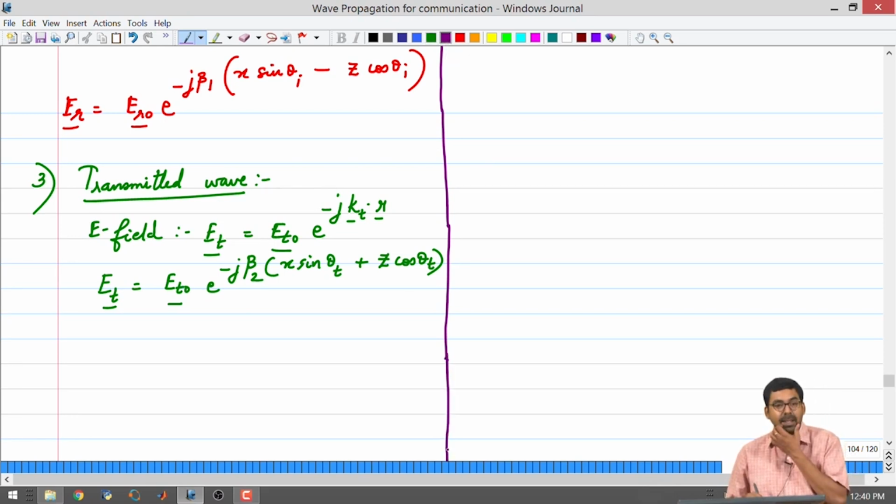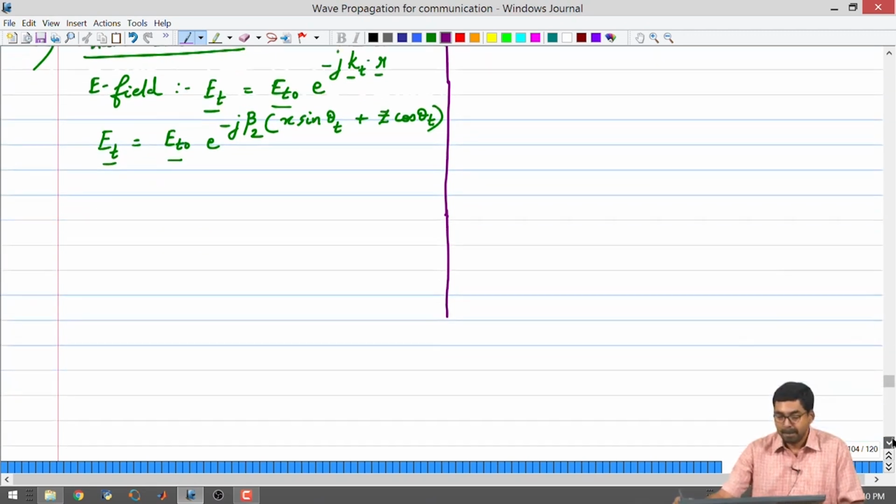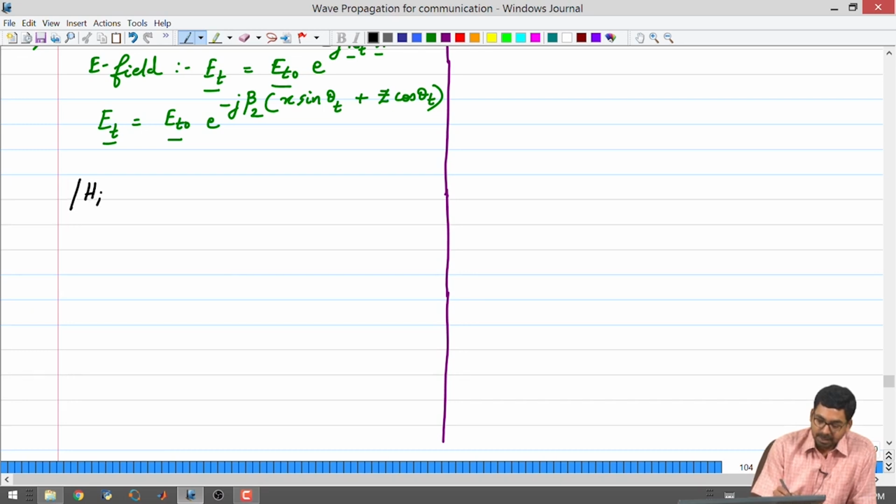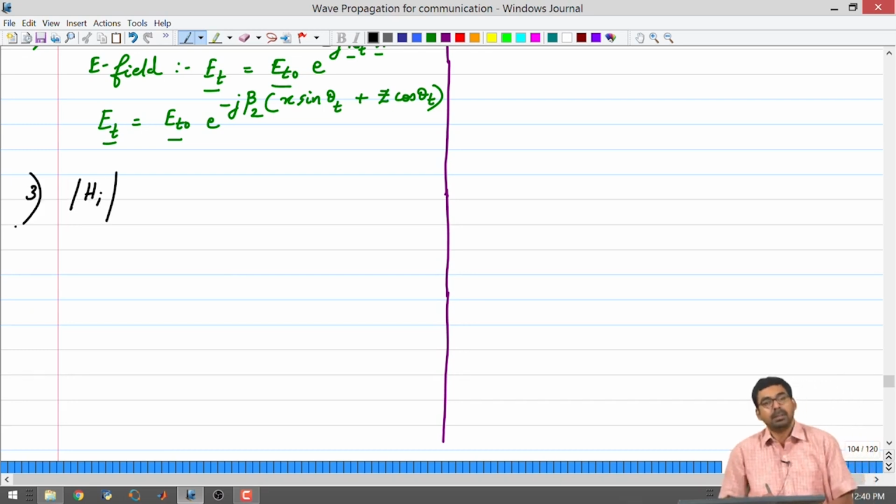Now that we have written the electric field expressions for the incident, reflected and transmitted waves, we can make our life a little bit simpler by saying that the incident magnetic field is going to follow Ohm's law.